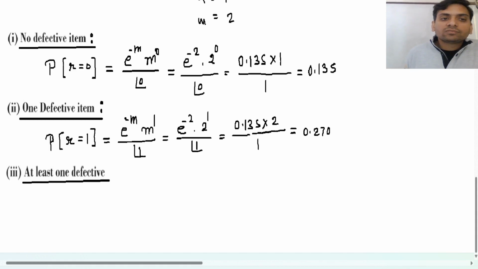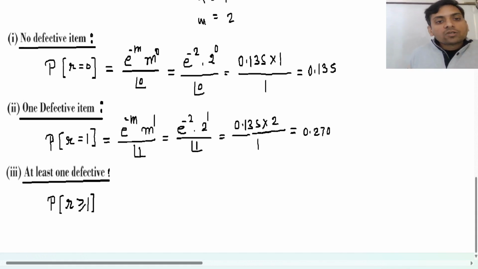No, there are 100. So this means you need to find the probability up to 100. So for at least one case you will write probability for R greater than or equal to 1. This means this may be 1, this may be 2, this may be 3, and this may be up to 100 because the total is 100.